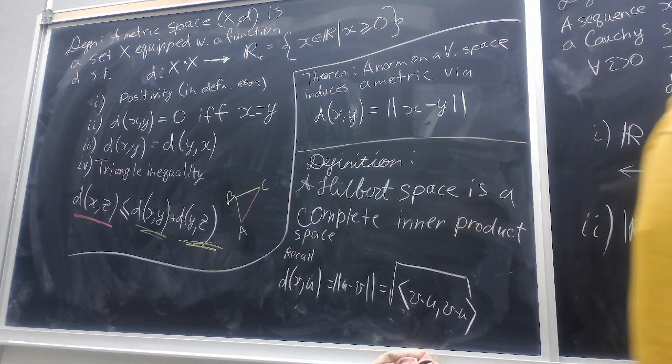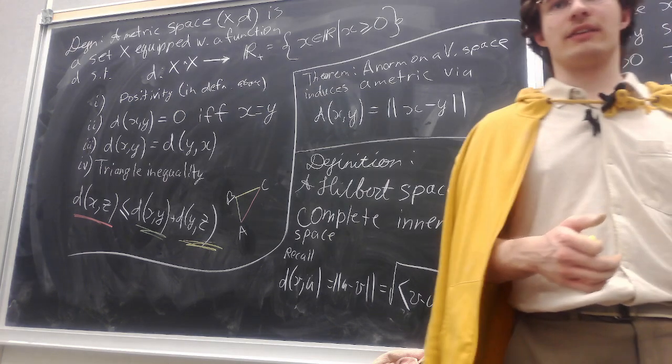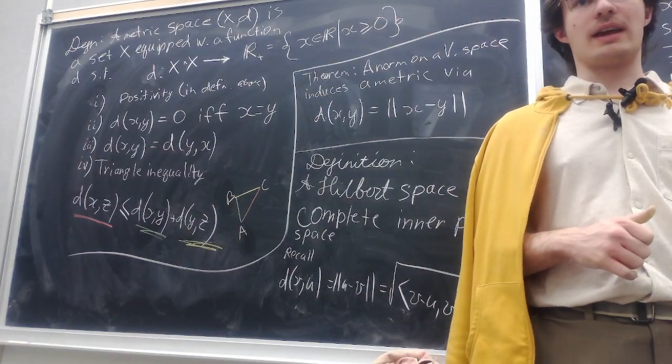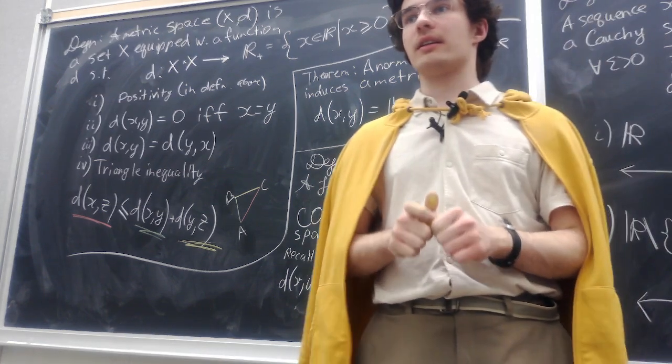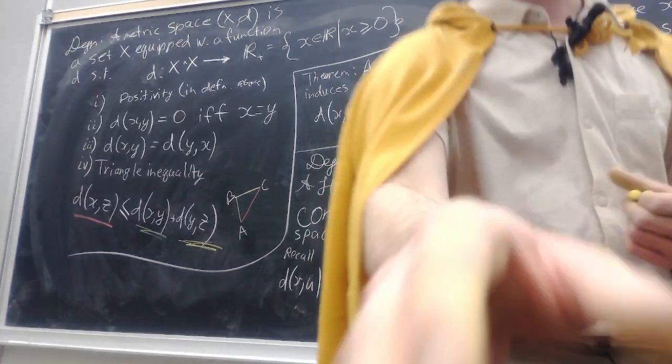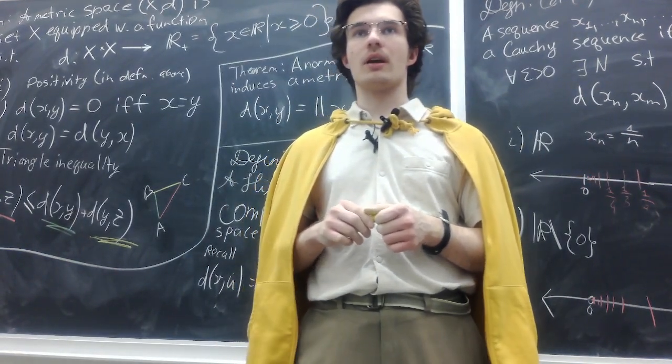So this is saying a metric space is complete if every Cauchy sequence has a limit. So if you can write down some sequence and it turns out to be a Cauchy sequence, meaning the points keep getting closer to each other, then there has to be a limit. It has to converge to something. Okay, then you're good.